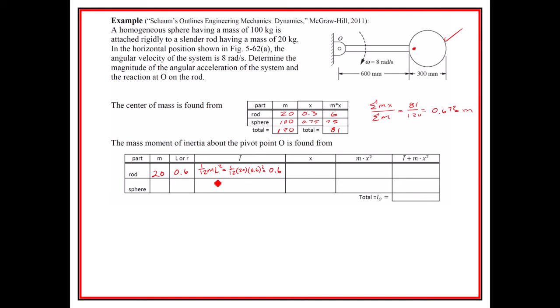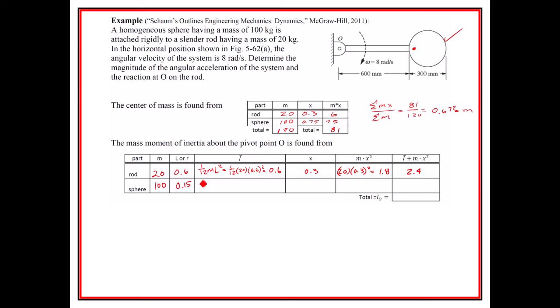And its distance to the pin is going to be 0.3. So we take 20 times 0.3 squared, and we get 1.8, and then we add those two things together and we get 2.4.